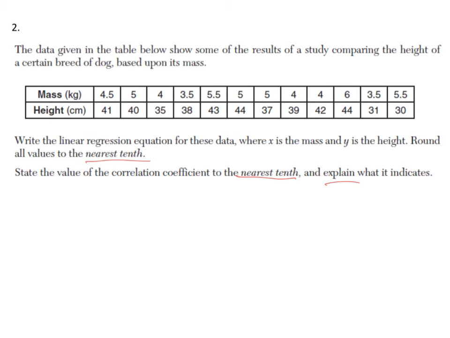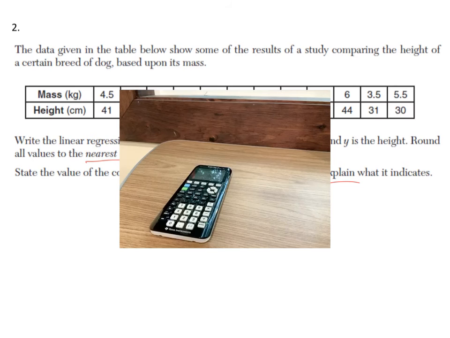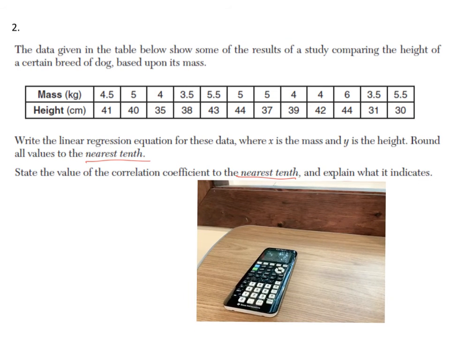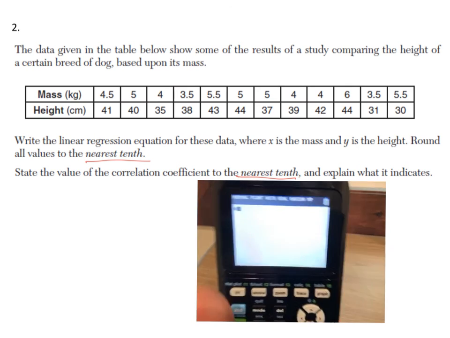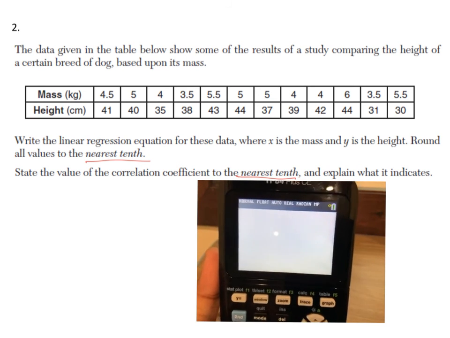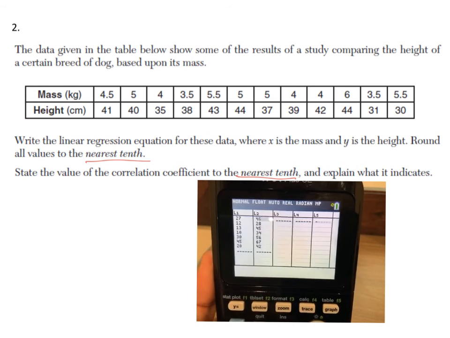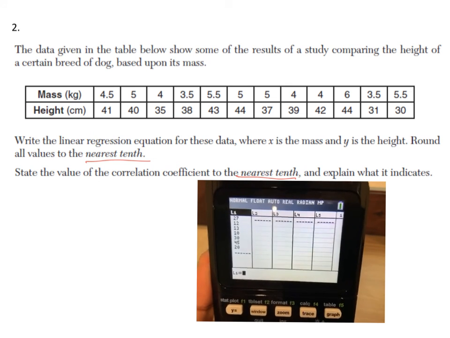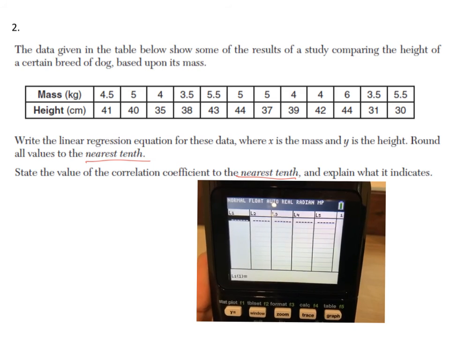So let's go to our calculator and let's solve. So we'll pick this up, we'll clear everything, go to stat, go to edit, clear everything, and then plug in stuff.